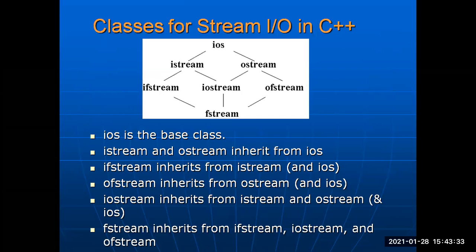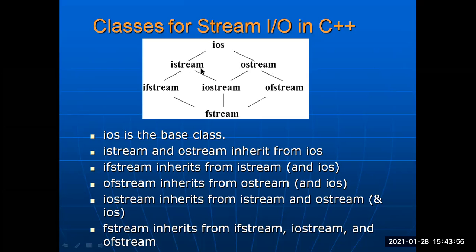So this is the stream classes hierarchy here. ios is the base class for istream and ostream. You can see here that istream is the base class for iostream, and ostream is the base class for iostream. So that means iostream is derived from ostream and istream.